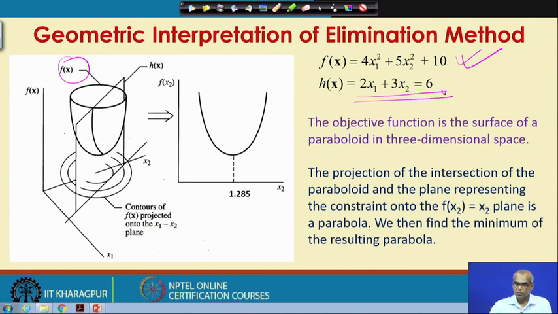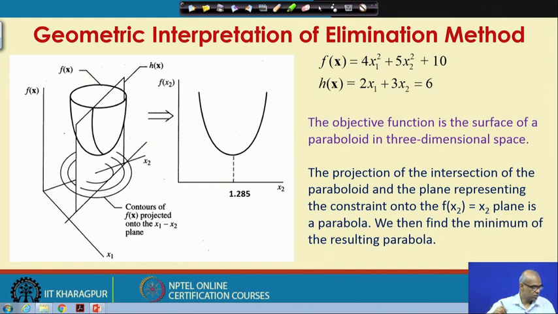Now, consider the intersection of the paraboloid and the plane represented by 2x1 plus 3x2 equal to 6. The projection of this intersection onto the f-x2 plane is a parabola, and we are basically finding the minimum of this parabola.